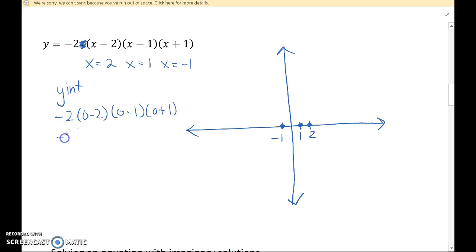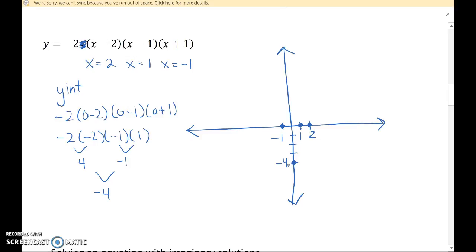And so this gives us negative 2 times negative 2 times negative 1 times a positive 1, giving us 4 times negative 1. And so we're going to get a negative 4. And so down here on the y-axis at negative 4, we need our y-intercept.